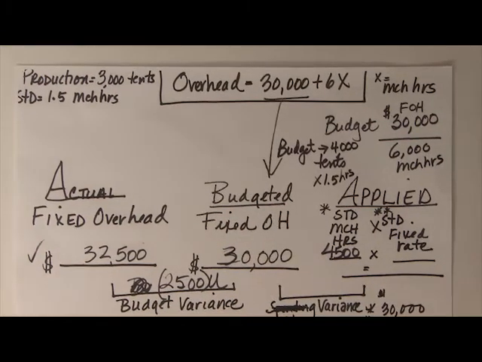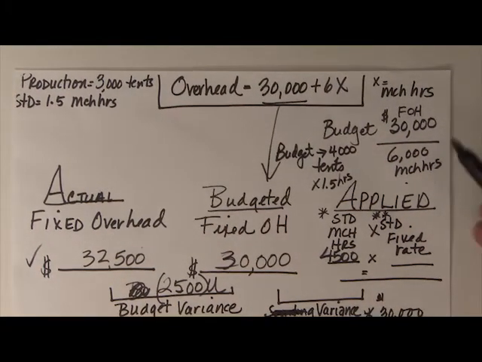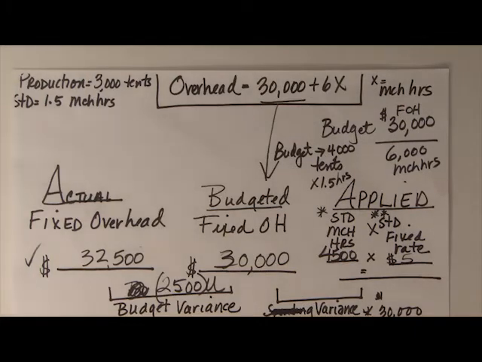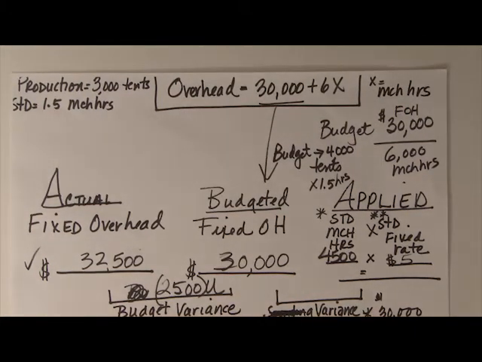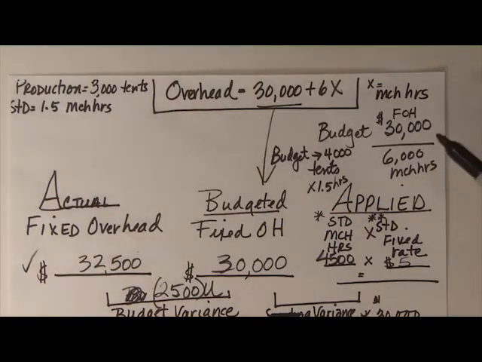So when you divide the $30,000 by the 6,000 machine hours, you get the rate of $5 of fixed overhead per machine hour. Now, this is what we would have called in an earlier module the predetermined overhead rate. How many dollars do you put in the budget, and how busy do you plan to be?